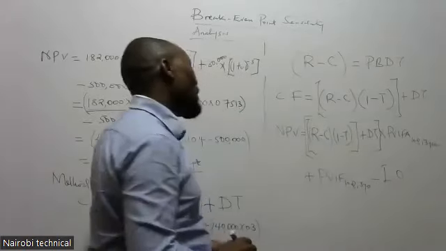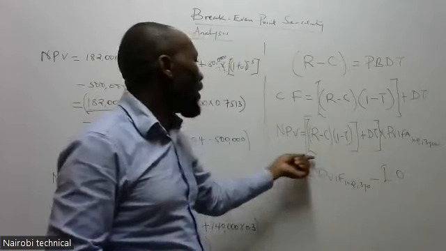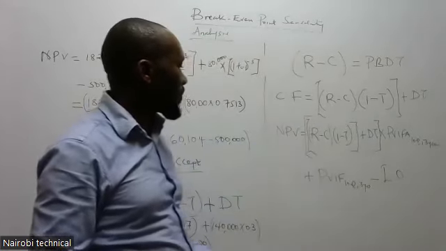That is what we call NPV. All of this is basically cash flow.